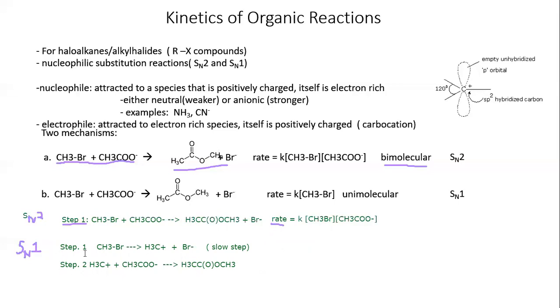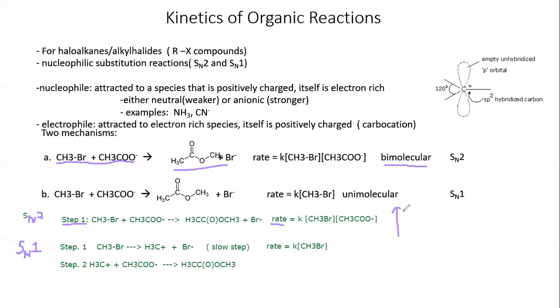And for SN1, step 1 is always, that's in caps, always the slow step. And so the rate law would be this. Now, the reaction diagram would look something like this.